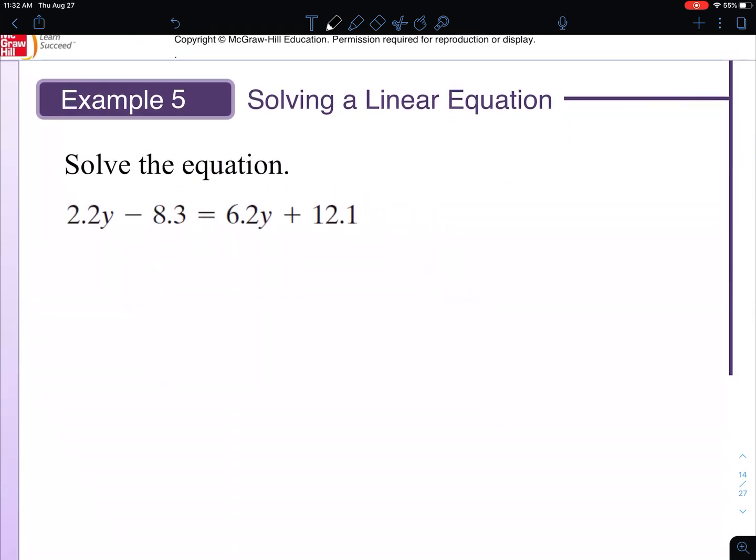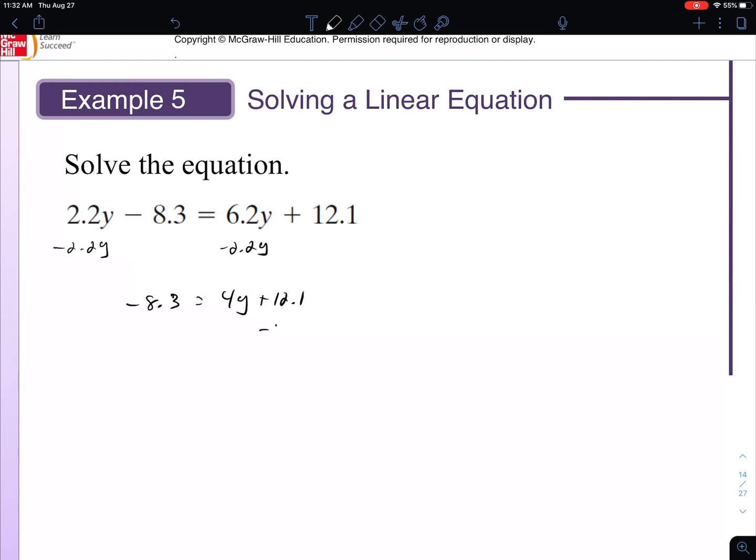So in this case here, we have some decimals, and so we're going to solve them the same way. We're not going to do anything special here. So I'm going to subtract 2.2y from both sides. So I get negative 8.3 is equal to 4y plus 12.1. Right, so 6.2 minus 2.2 is going to give me 4.